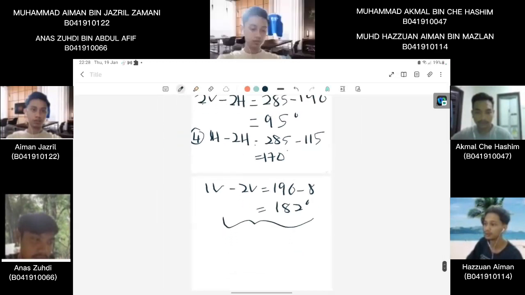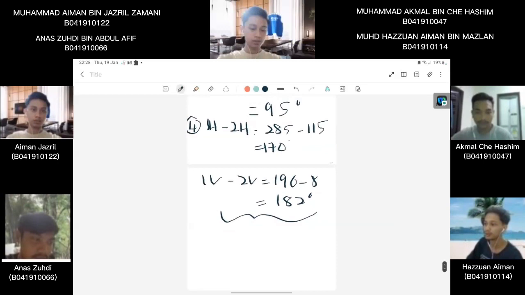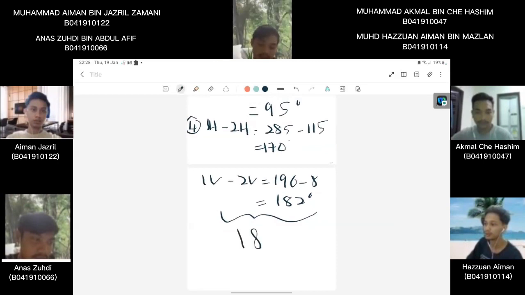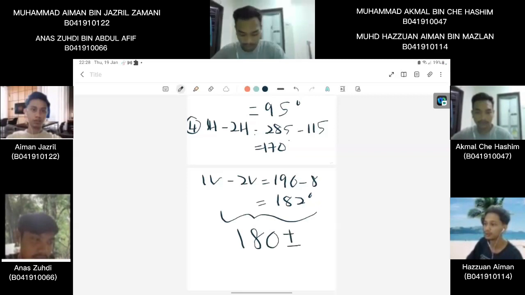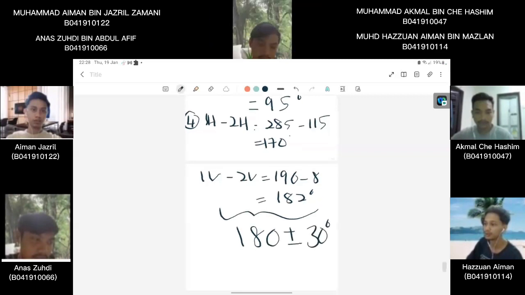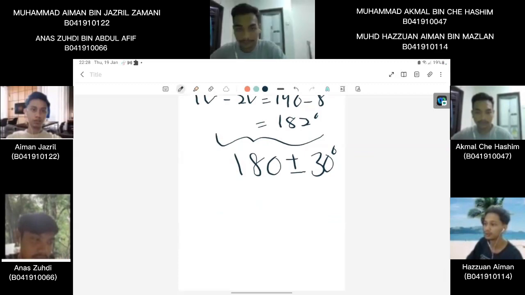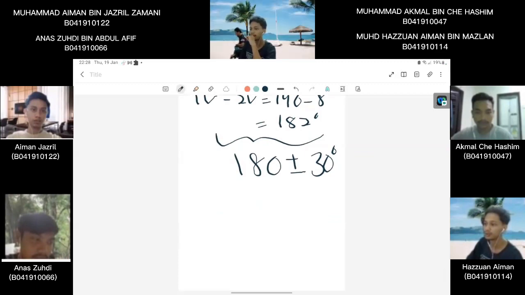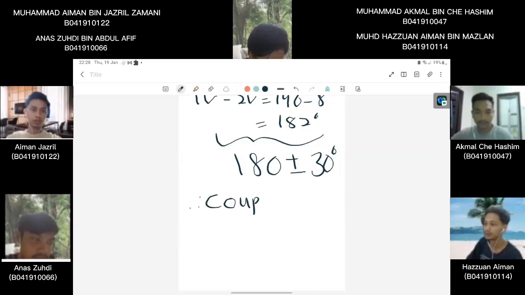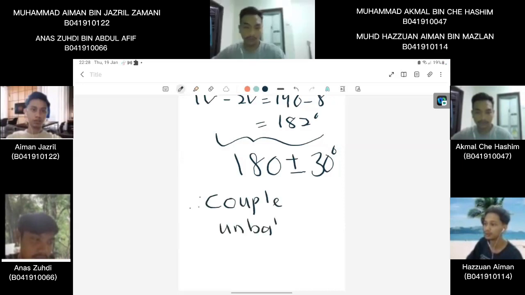So this degree is between 180 plus minus 30 degrees. So we know that it is couple unbalance, fulfilling the couple unbalance for position 1 and 2.